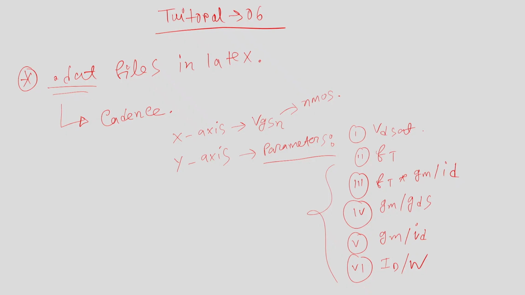Whenever we plot, we can see that the plot is generated with the x-axis as VGS of N, and the y-axis may be any parameter. Individually, we plot these in LaTeX.